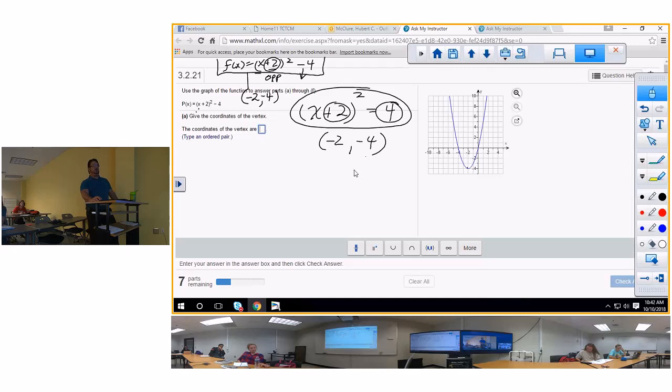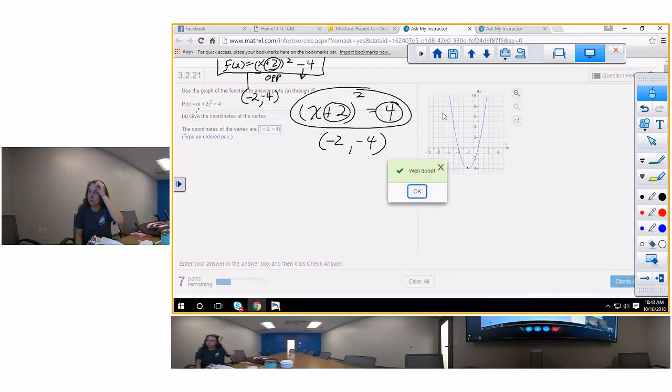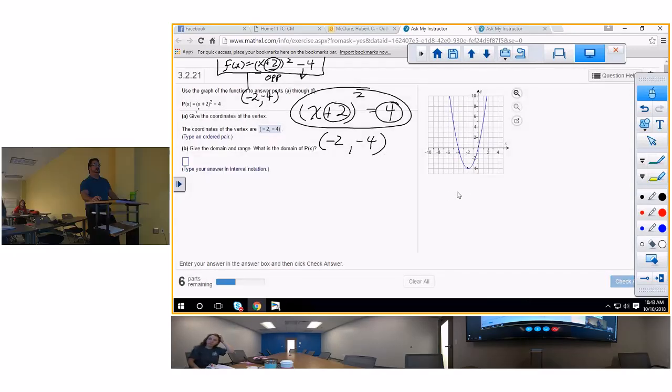I think I know where they're going with this. So let's go ahead and type in -2, comma, -4. Domain and range. Domain is all real numbers. The range is from -4 to what?